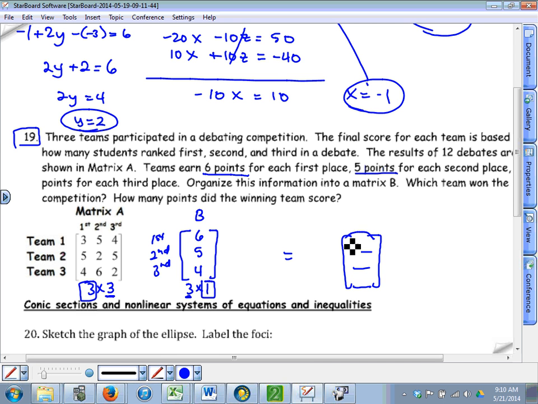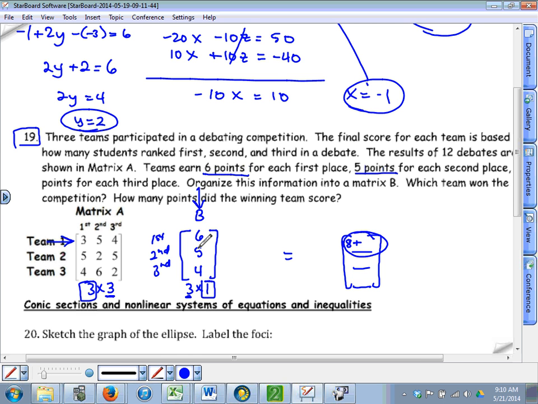So where does this entry right here come from? That top entry. Row by column. Isn't this the first row? I mean, there's only one column, but it's the first row, first column, right? So we have to take the first row of matrix A and the column of matrix B. You multiply and add. What's 6 times 3? That's 18.